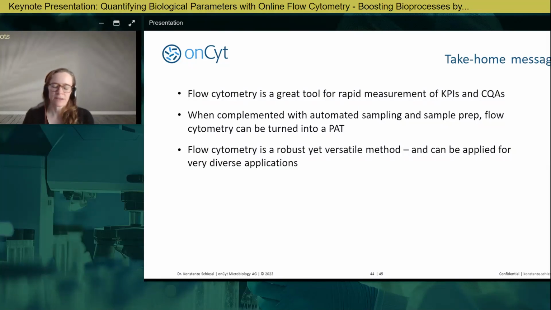It can be used in many different types of processes, and for many different types of parameters. So if you're not working with a flow cytometer yet, I hope you consider it. And if you come across one, I hope you have my talk in mind and get inspired and have ideas on what to do with it.